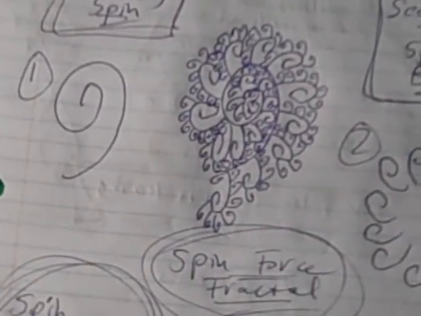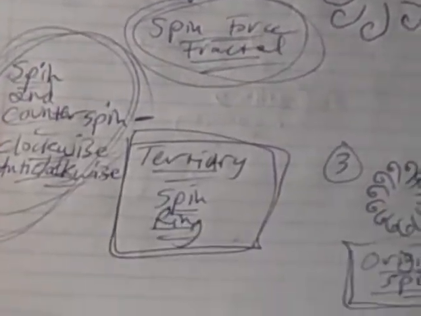So you have this primary spin, number 1, and then this secondary spin ring, these spins ringing the primary spin. They're the counterspin. Then number 3 is the original spin going back the other way.